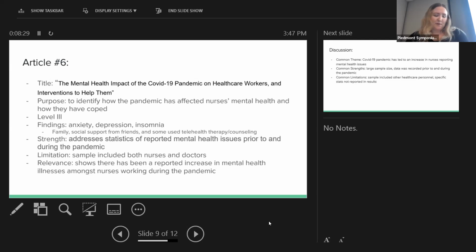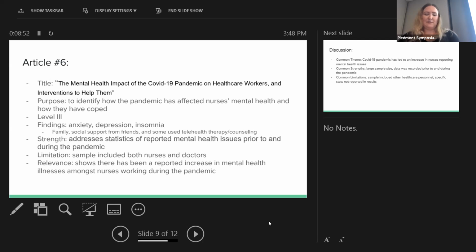So my 6th and final article, this one again was exploring those mental health issues nurses reported, but also the most common coping mechanisms they turned to. They did this study by surveying various hospitals in China, and there were roughly 11,000 people in the study. They found that 81% of them reported developing anxiety.